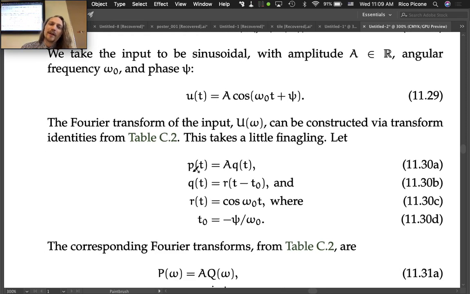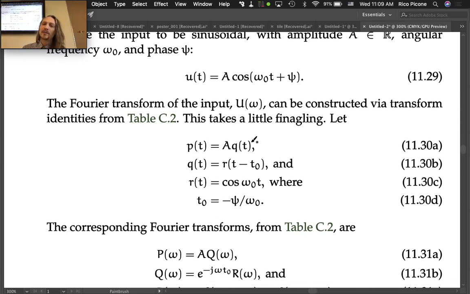So what we're going to say is, okay, there's a function p of time, and it is capital A, so we're going to take this amplitude, pop it in there, A times some other function of time. We're going to take the Fourier transform in a second of that expression, and we're going to take the Fourier transform of another expression. We're just going to break it down into individual bits. So first we've got this, which is essentially just a scaling factor, A. Okay, so that one's going to be easy.